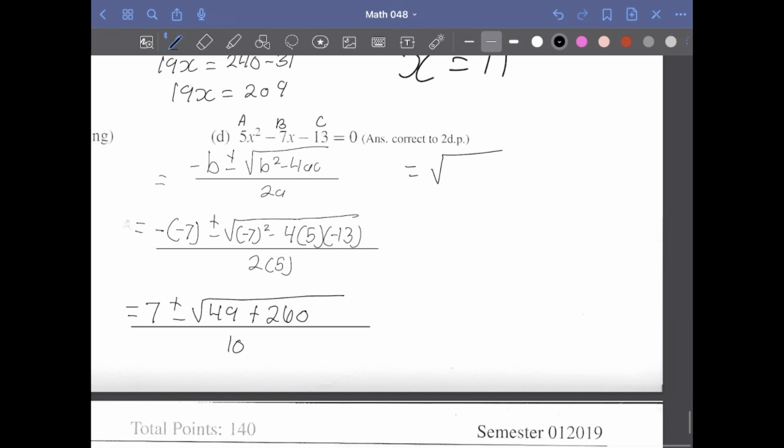Now we have equals 7 plus or minus the square root of 49 plus 260, which is 309, divided by 10.